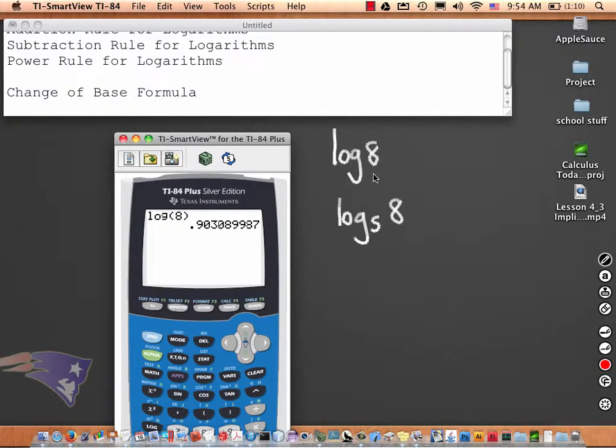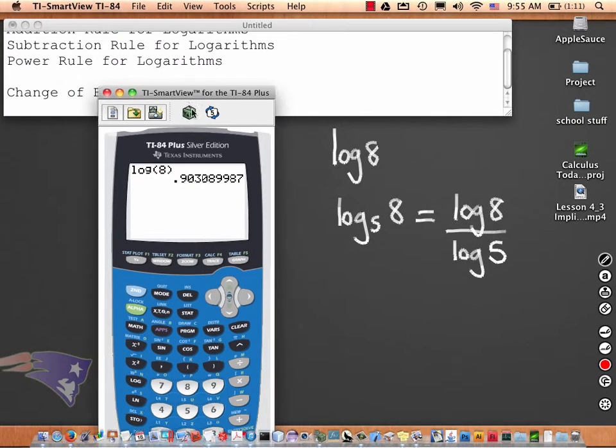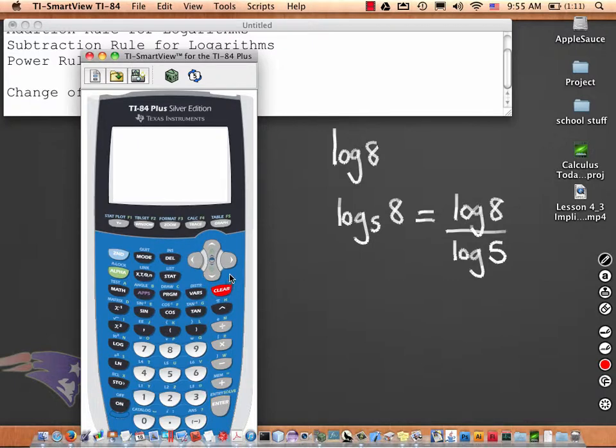The formula says that if you have a base that's not the same as your calculator base, and you only have 2 bases on the calculator, 10 and e, then you take the logarithm of the argument divided by the logarithm of the old base. Old base meaning 5.